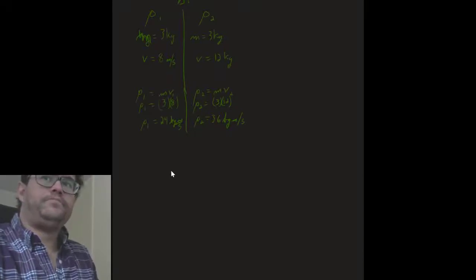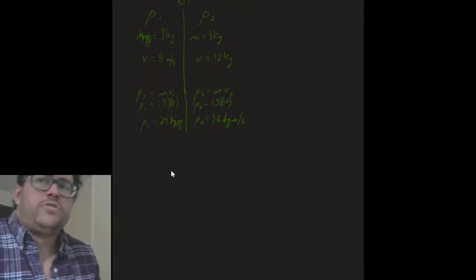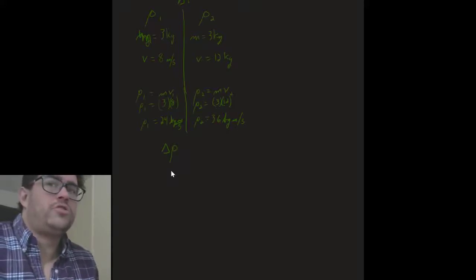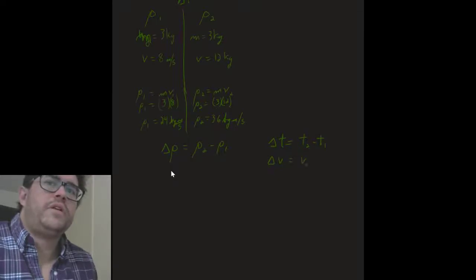So we could then ask, by how much did the momentum change, which would be called delta P, the change in momentum. Delta P is P2 minus P1, the same way that delta T is T2 minus T1, or delta V would be V2 minus V1.